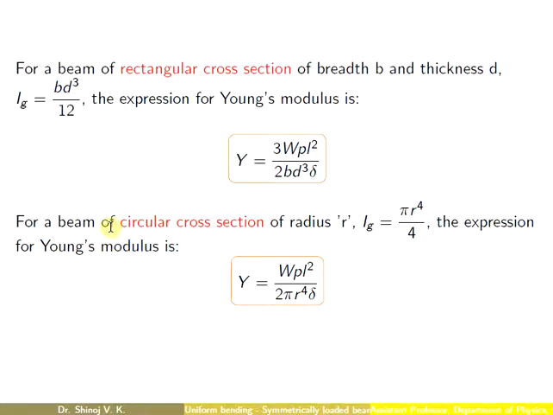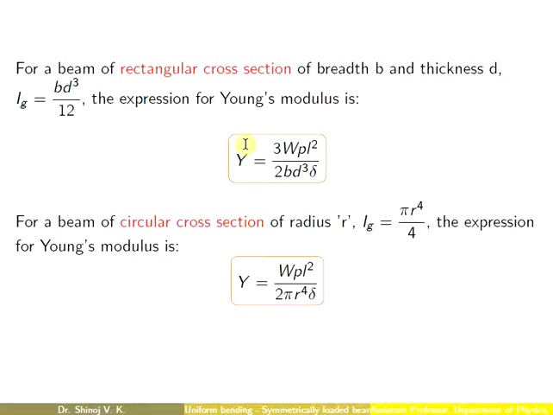And if the beam is of circular cross section of radius r, then Ig will be pi r raised to 4 by 4. Then the expression for Young's modulus is Y is equal to W P L squared divided by 2 pi r raised to 4 into delta. So these are the two expressions for Young's modulus in the case of a beam of rectangular or circular cross section having uniform bending.